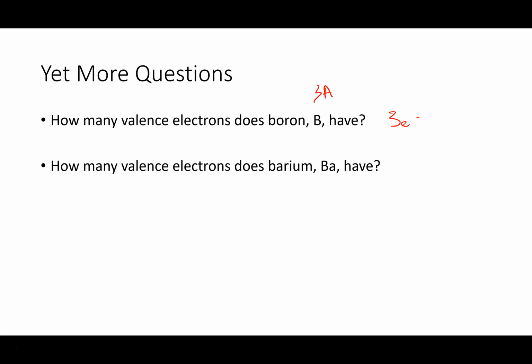Okay, Jasmine, how many valence electrons does a barium atom have? The joke is, what do we do with dead people? Barium. I know, it's terrible. I'm sorry. Barium. So you're going to want to use the A designation. So barium is right here.